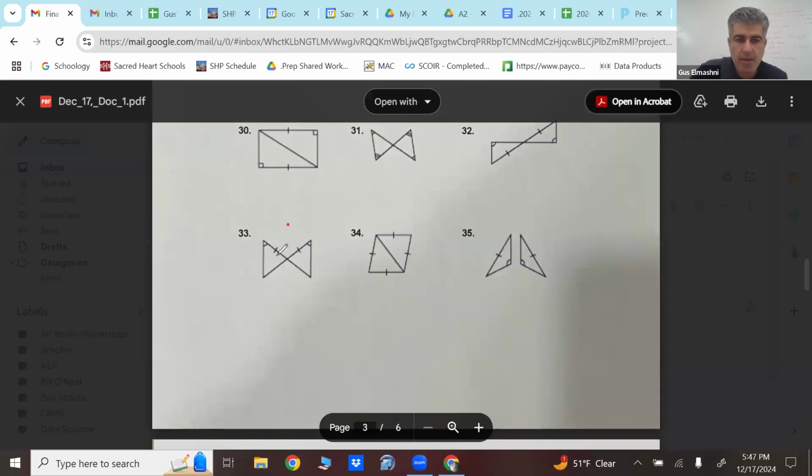These are the same. So your triangles kind of look like this. So it's angle, side, angle. Okay, so it's ASA.